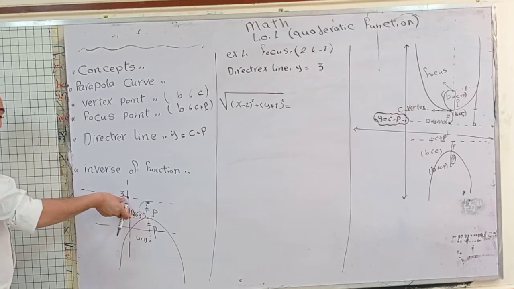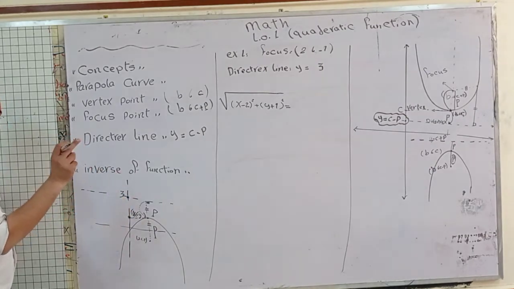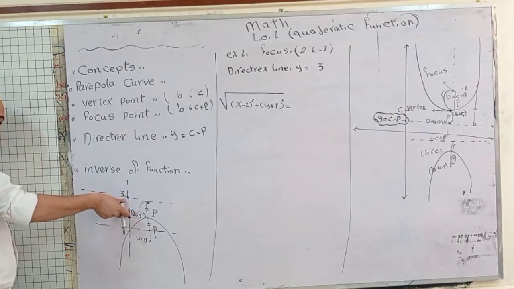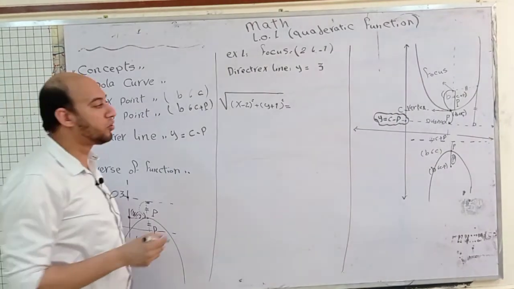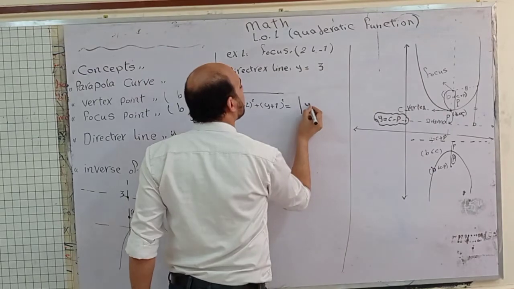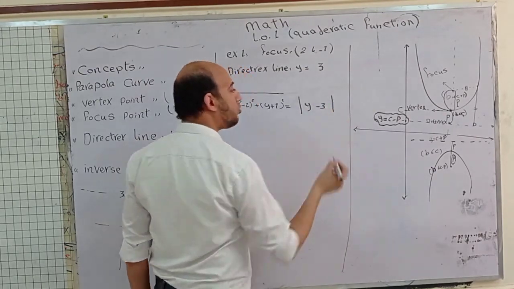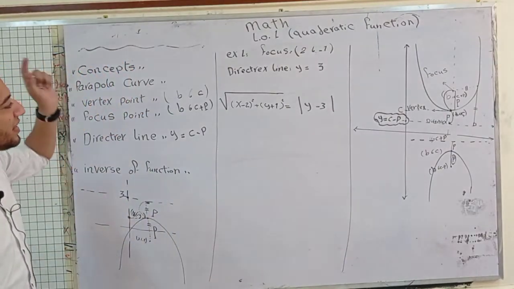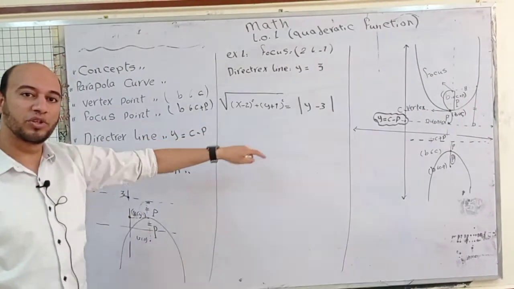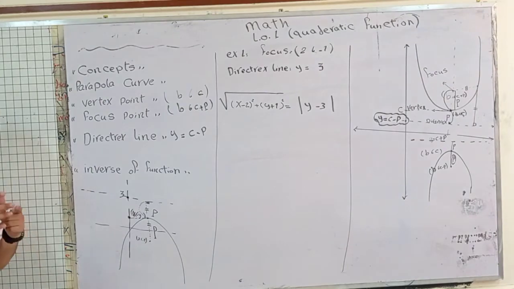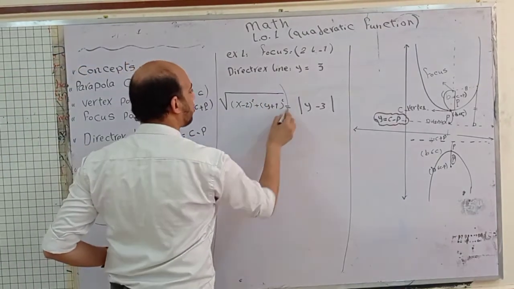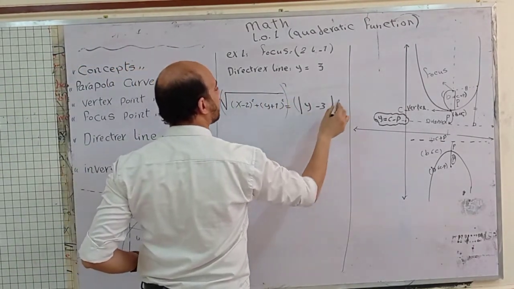Then this distance is 3 minus y, or y minus 3, because we will put it in absolute value, since the distance must be a positive number. To get the equation, we will square the two sides.